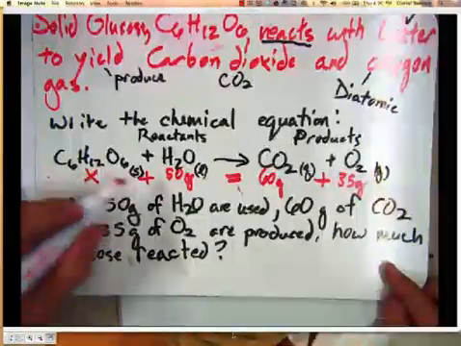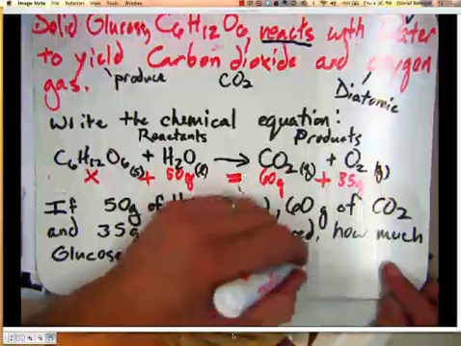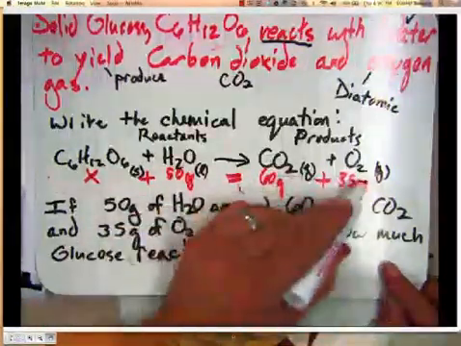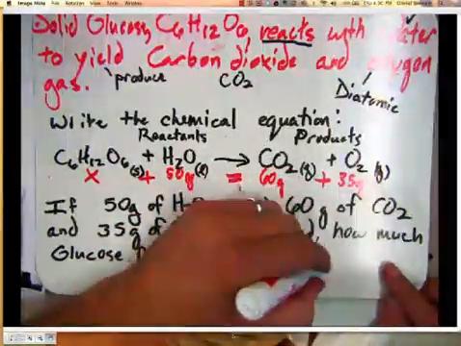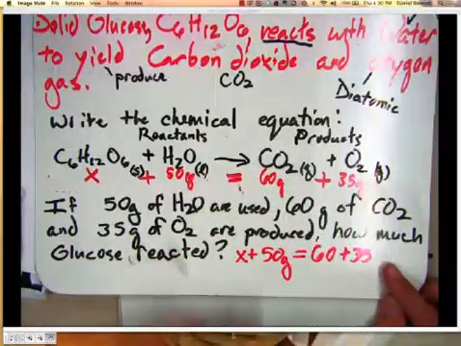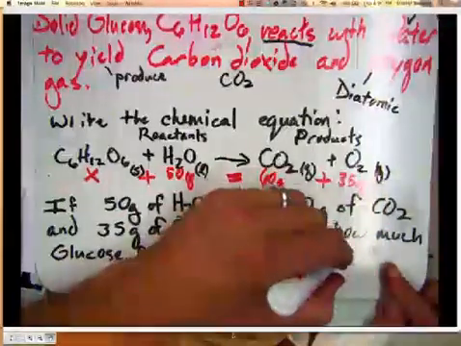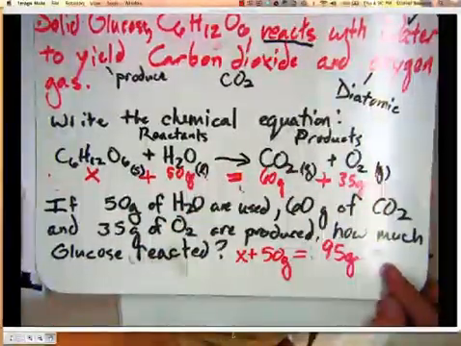So if I take this side, it's x plus 50 grams equals, I'm going to add these two together, so 60 plus 35. Okay, so 60 plus 35, that's going to equal 95 grams.